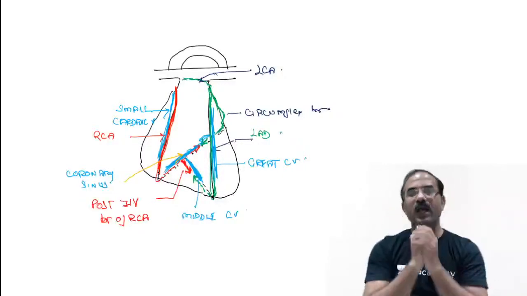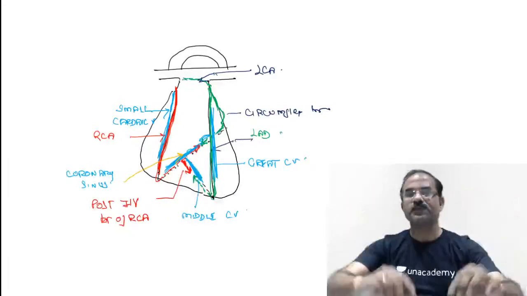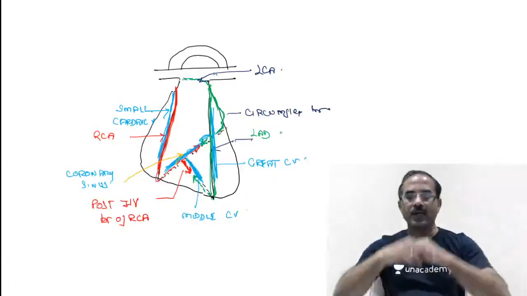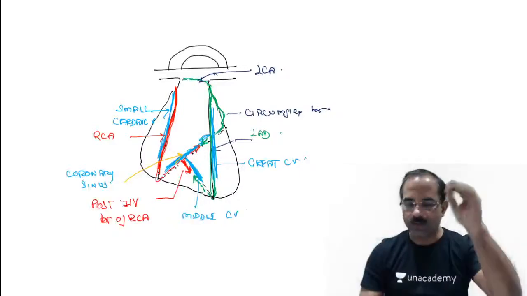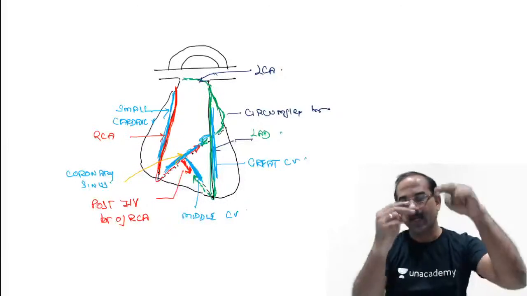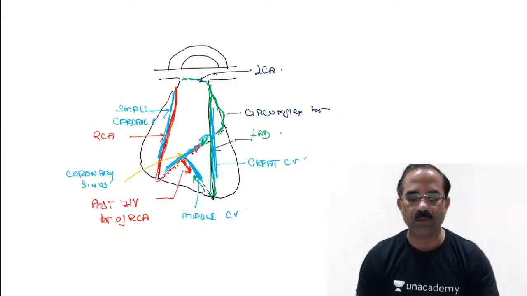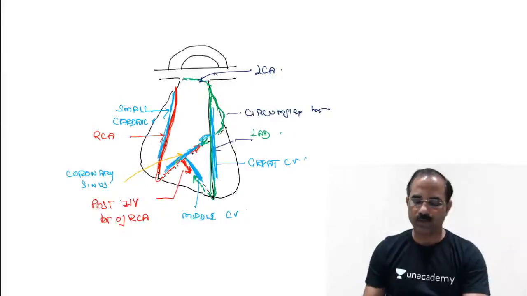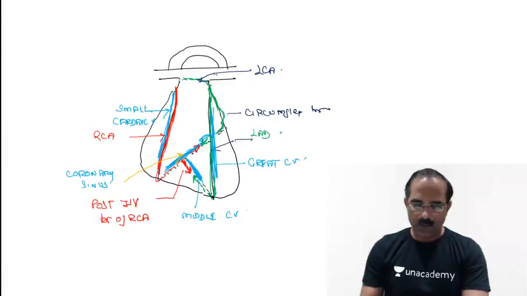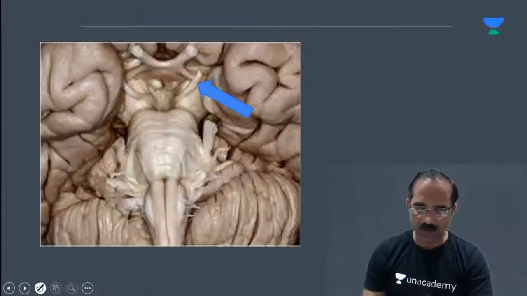The vein here is the coronary sinus. In the posterior interventricular groove, there's an anastomosis between the LAD and the posterior interventricular branch of right coronary. The vein is the middle cardiac vein. Perfect. So I've told you the entire venous drainage and the arterial supply of the heart.